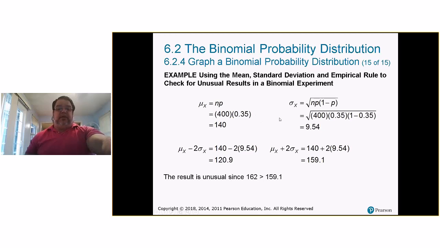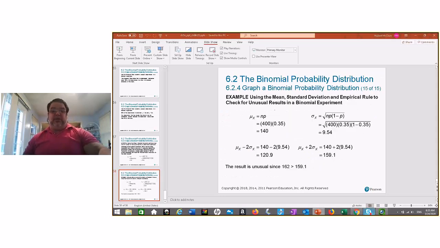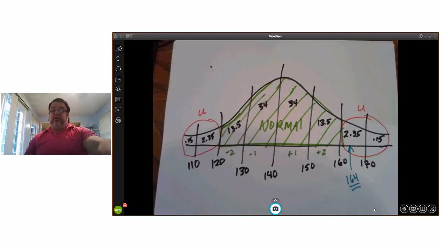They're doing the same thing that I did there. See, there's the 159.9, which is about 160, and 120.9 or 119.9 or whatever is right there. And ours, 162, is right here, and that lies in the unusual area.